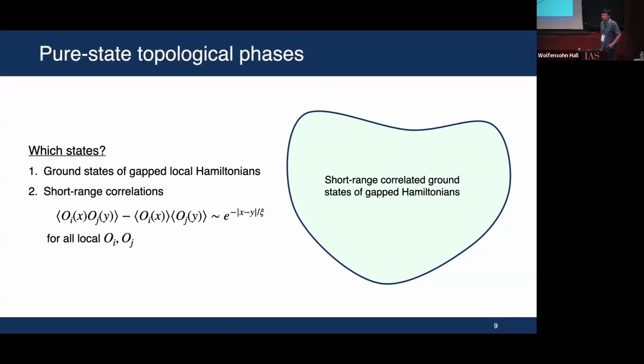From these conditions, without proof but well established, you have short-range correlations between local operators. So the state is short-range correlated. These are the states of most interest in this discussion.